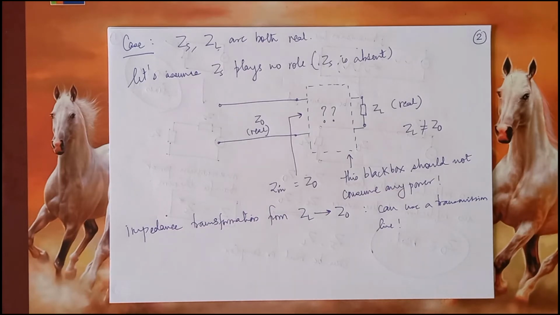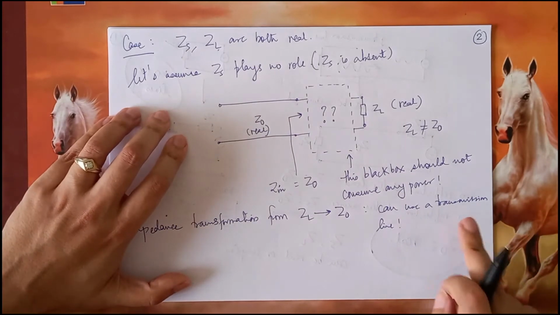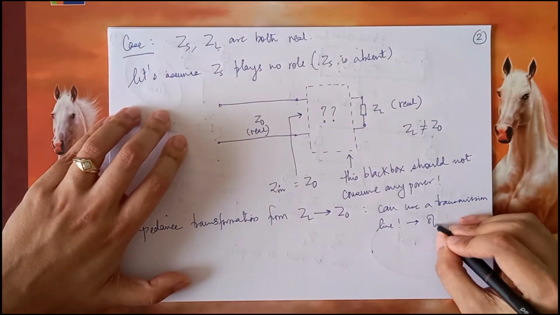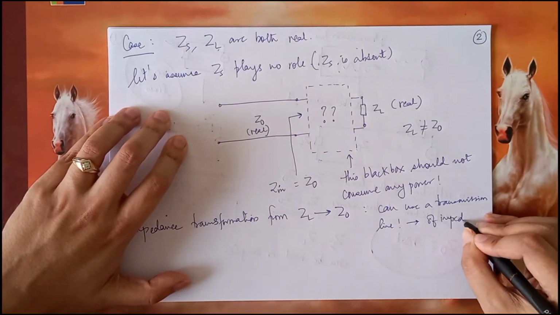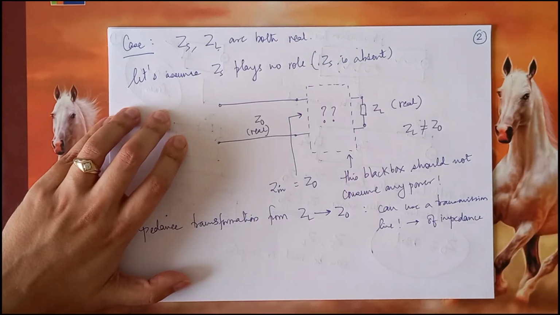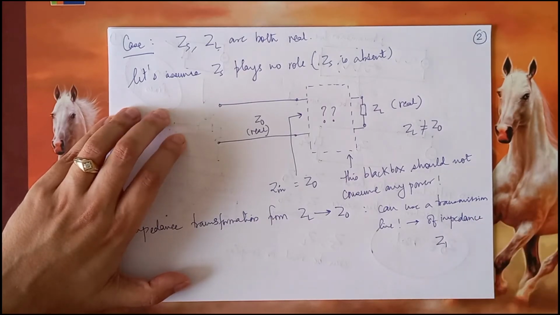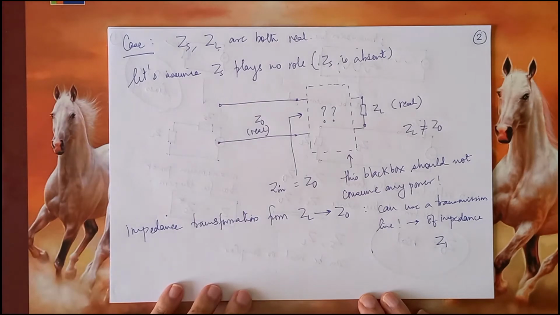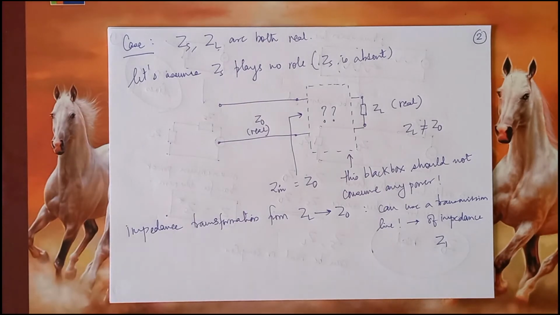So therefore we can say that we can use this transmission line of characteristic impedance, some Z1, right? We can use the transmission line of impedance Z1.